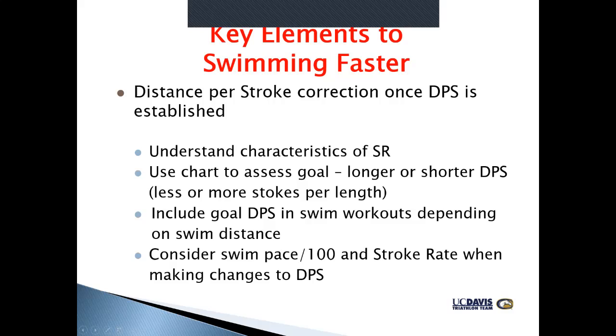Use a chart, and I'll show you that chart in a minute, and include the goal distance per stroke in swim workouts depending on the swim distance. And I'll give you some workouts to utilize the information you get from the assessment tool and from the chart, and how to incorporate those into the swim workouts.